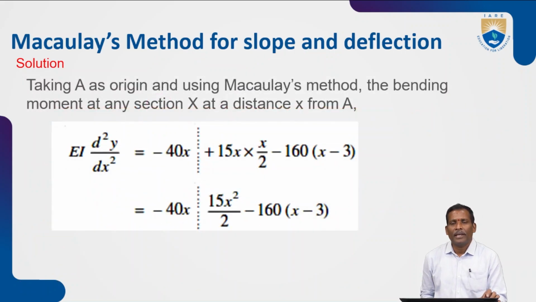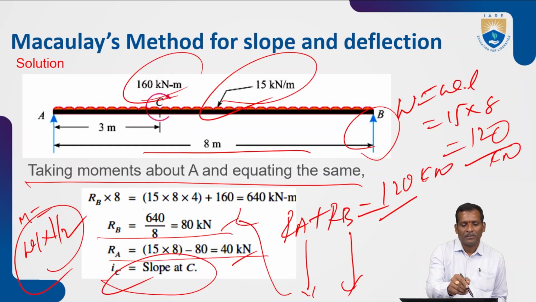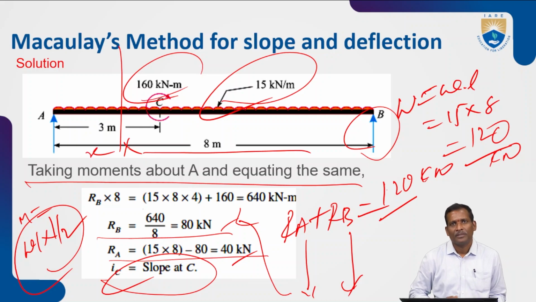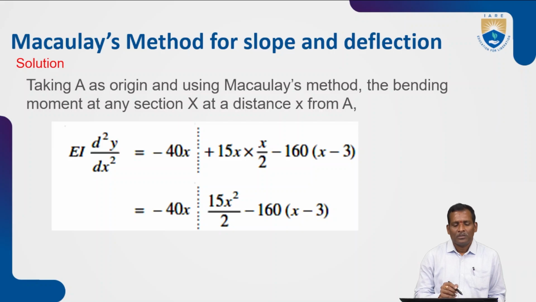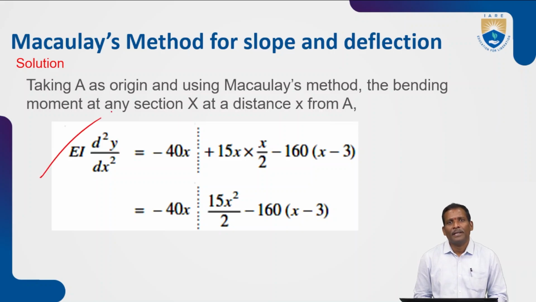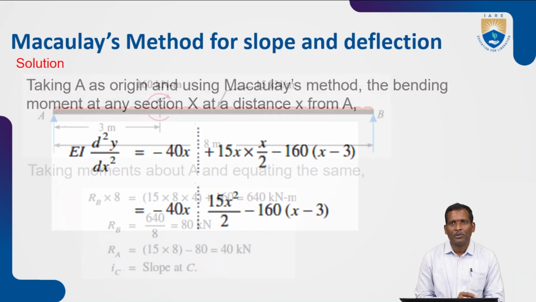So taking A as origin and using Macaulay's method, consider the bending moment at any section at a distance x from A. Similarly, as already taken here, take any section with distance x. The equation is EI d square y by dx square is equal to minus 40x plus 15x into x by 2.